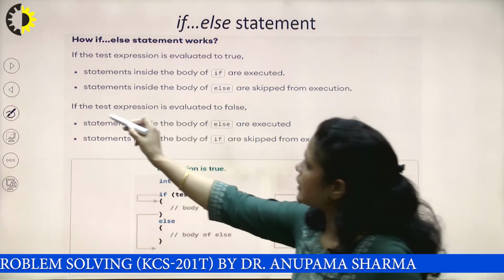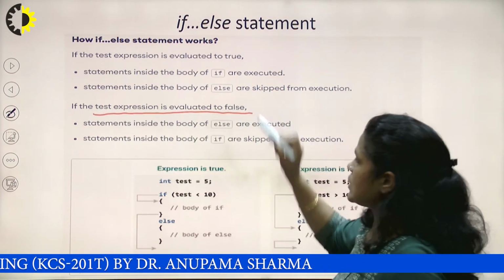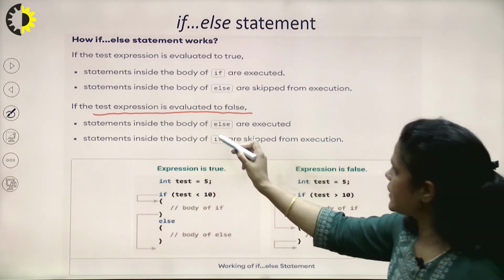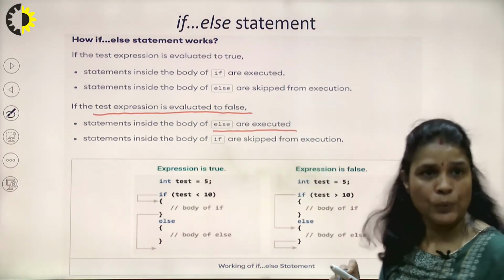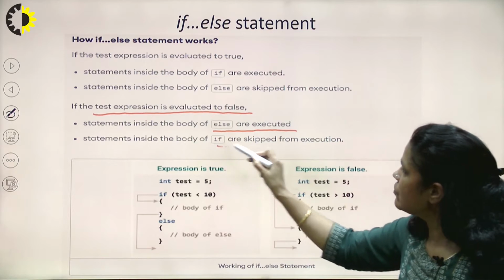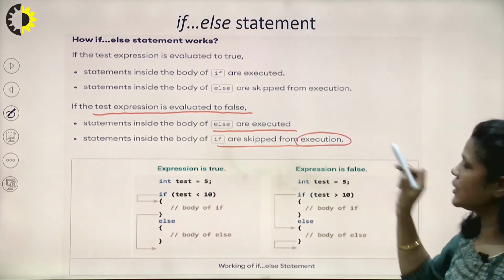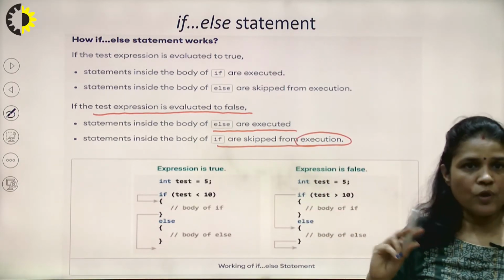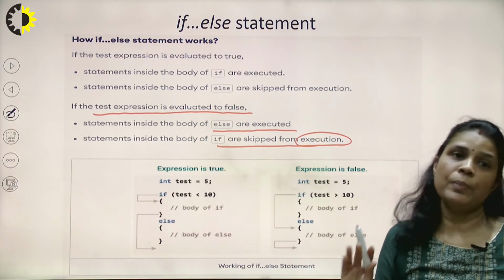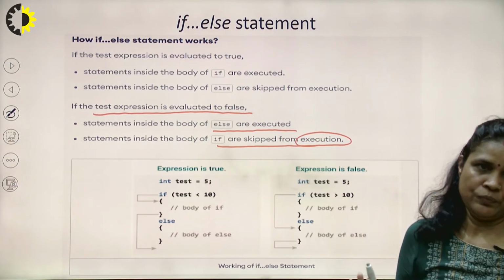If the test expression is evaluated false, then the statements inside the body of else are executed, and the statements inside the body of if are skipped from the execution. So only one part will be executed, depending on the condition, right?